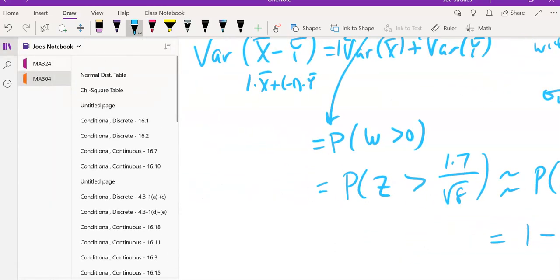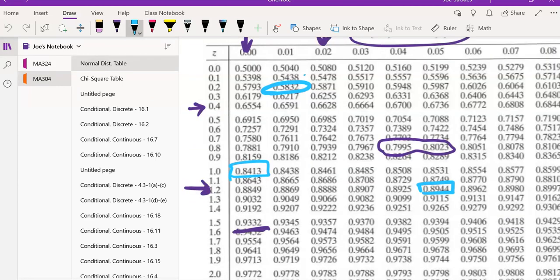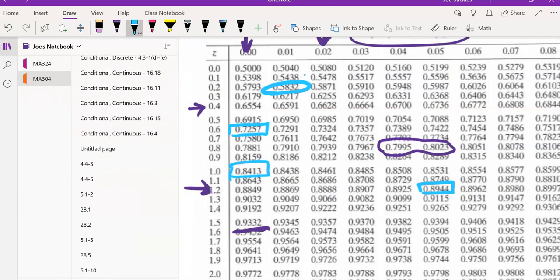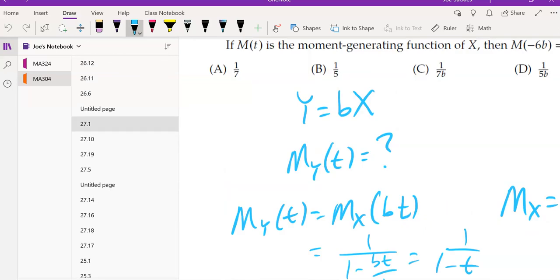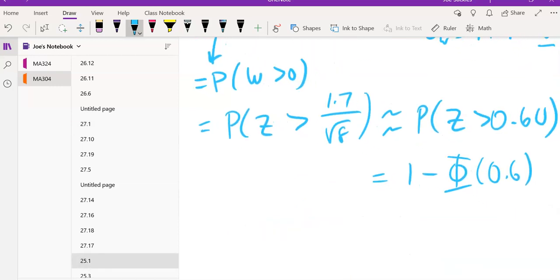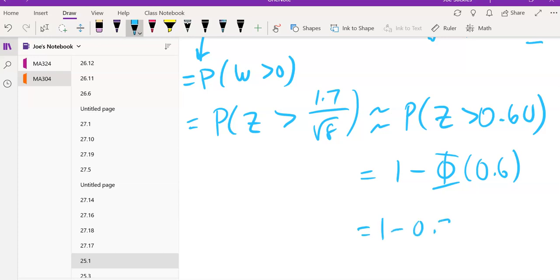So let's go get the table. And I need this number here. So 0.7257. Oops, that's not what I wanted to do. Not far enough down, that's my problem. Still not far enough down. There we go. Now by the time I get down here, 0.7257. Okay.